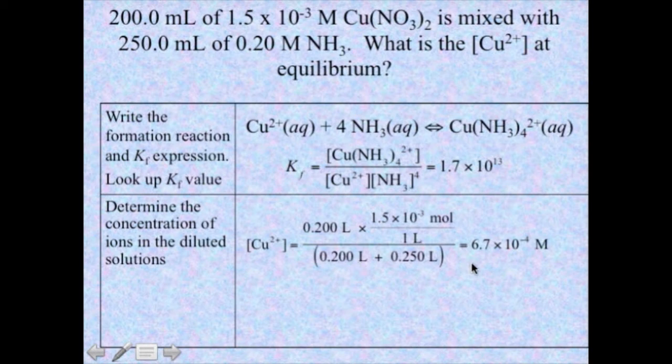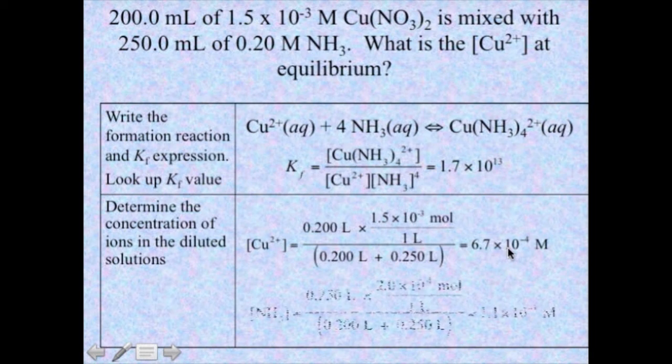So dividing that through, that gives a concentration of 6.7 times 10 to the minus 4. We do the same thing with the ammonia, finding the moles of ammonia, and then dividing again by 0.45, the new total volume. That's going to be 1.1 times 10 to the minus 1, or 0.11 molar.